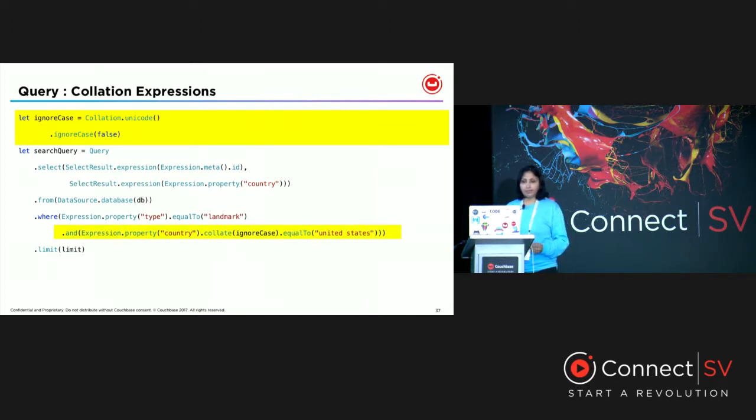So get me whether a country property, subject to the collation expression, which means apply it to this Unicode string, don't ignore the case, and return me everything that matches United States.